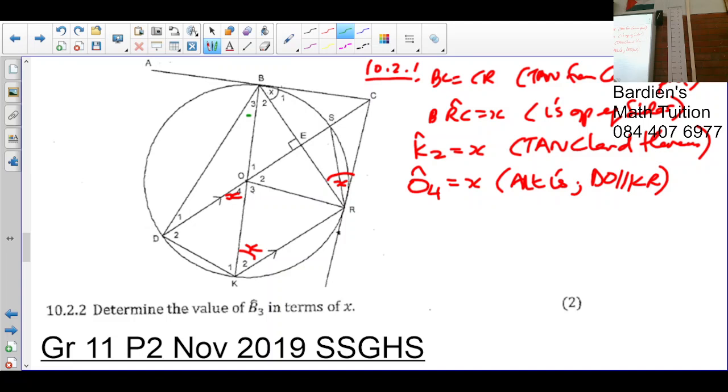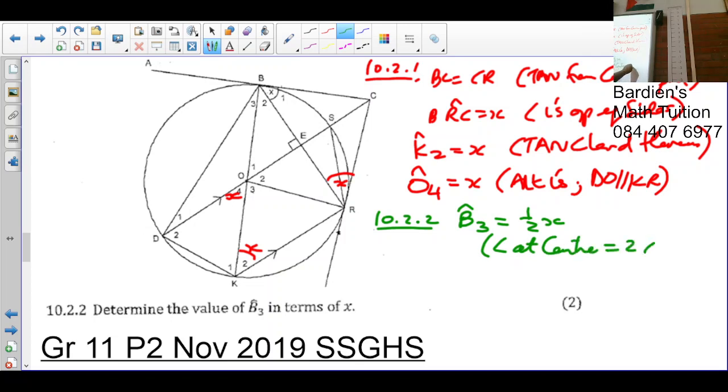Okay, so for B3, we can go angle at center is twice angle at circumference. Can you see that, people? So we're first simply going to say B3 is going to be a half O4. Why? Because the angle at center is equal to 2 times the angle at circumference.